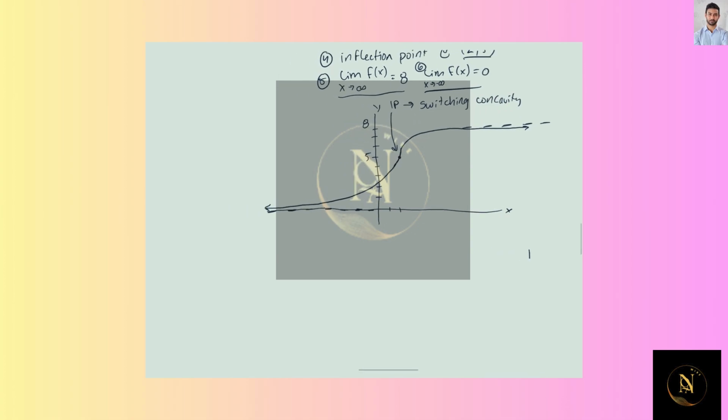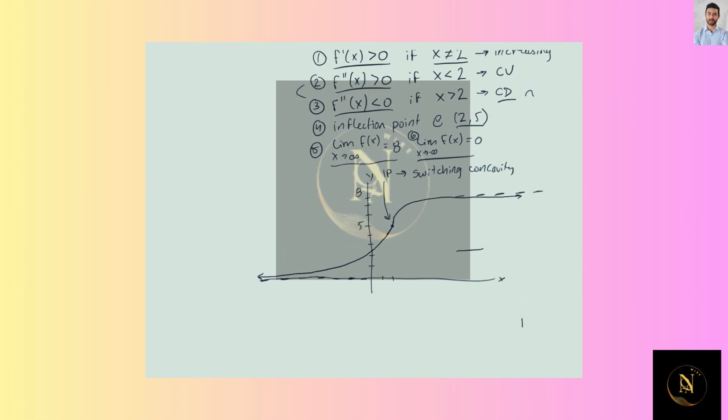So this might be an example of a graph that meets all of these conditions. If we just want to double check, our graph is always increasing. This spot on my sketch is a little bit weird, but it's okay for sketches to look a little bit weird because they're just sketches. We're just getting the general features. So we're always increasing.